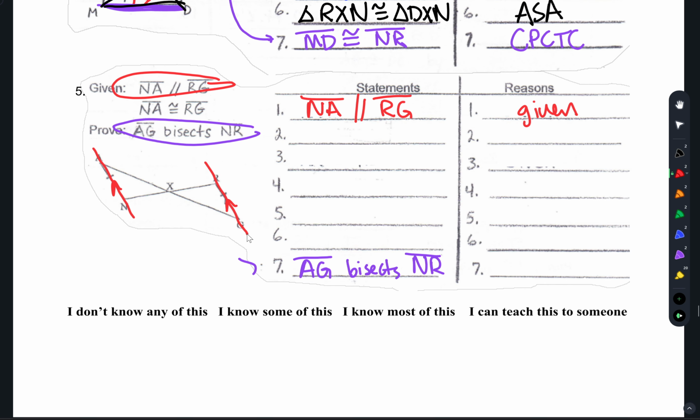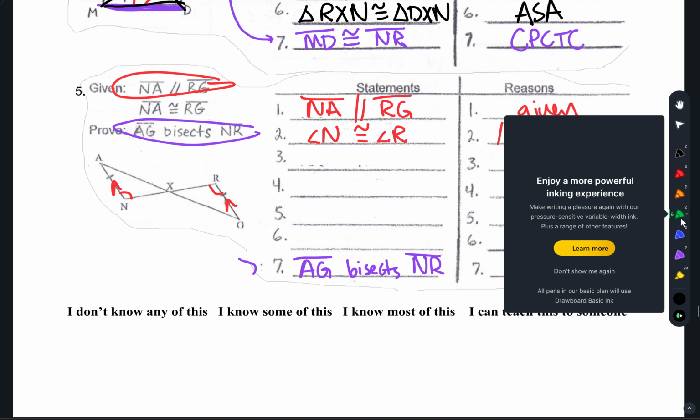Oh, maybe? Yes? No? NA is parallel to RG. It's one of my go-tos. What is it, though, Caitlin? Angle N is congruent to angle R. By what reason? Lovely.